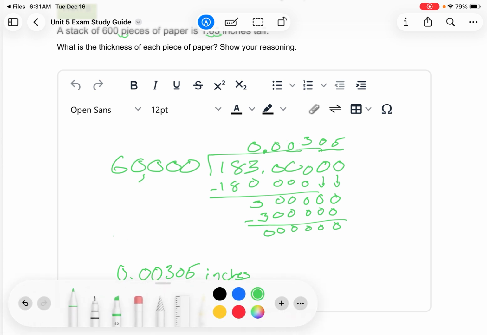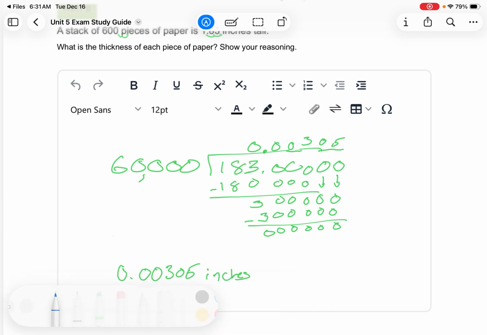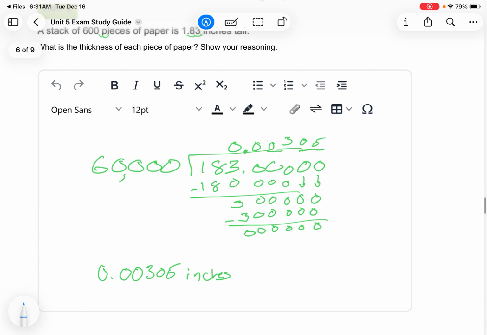Now, the other thing we can do, how did I know that 60,000 goes into 183,000 3 times? How did I know it goes into 300,000 5 times? Well, this is where on your paper you can do 1 times 60,000 is 60,000. 2 times 60,000 is 120,000, because 60,000 plus 60,000 is 120,000.